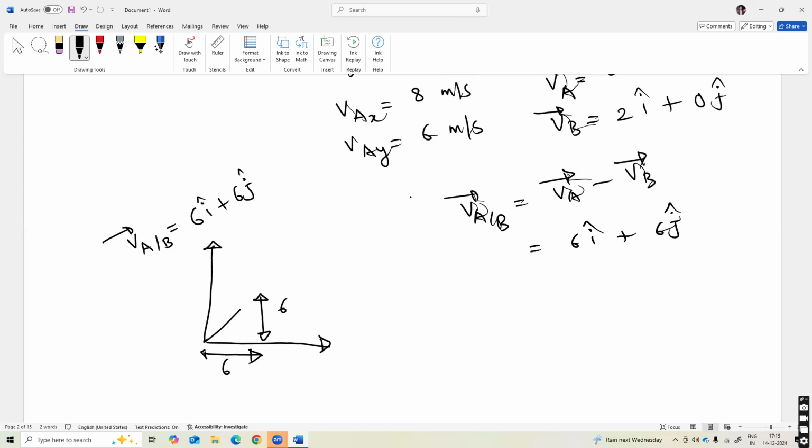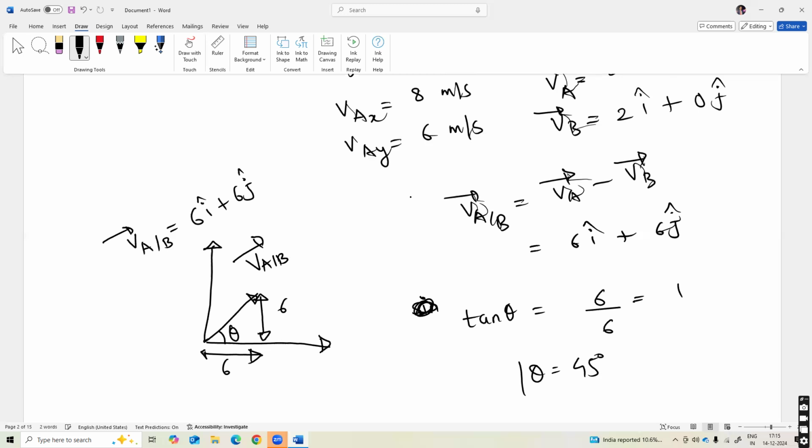So let's say we have this vector VAB. If they tell you to find this angle theta, tan theta is the opposite side, 6, divided by the adjacent side, also 6, so you get 1. Therefore theta is equal to 45 degrees.